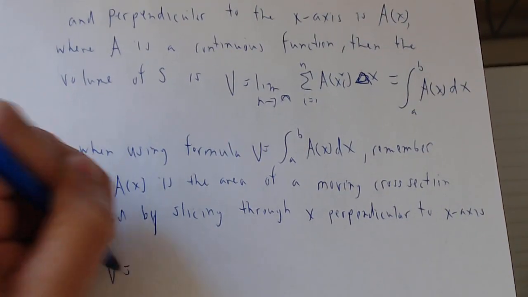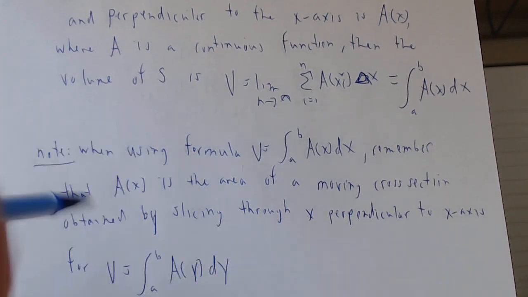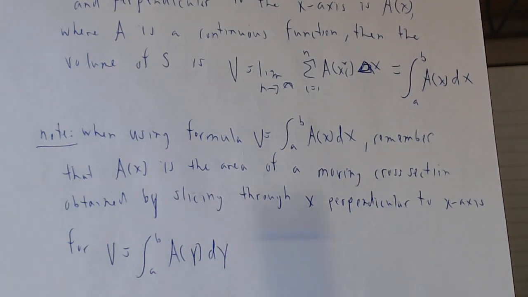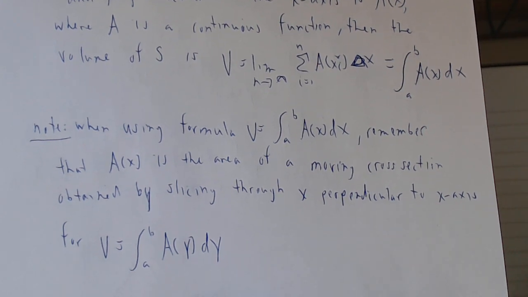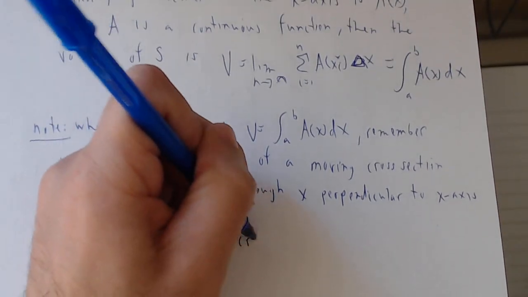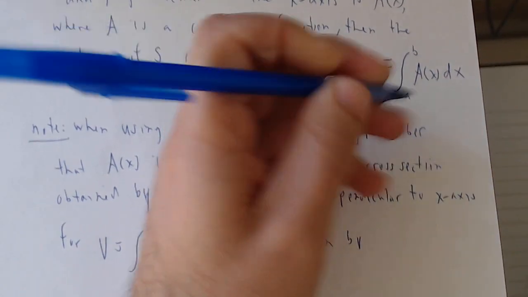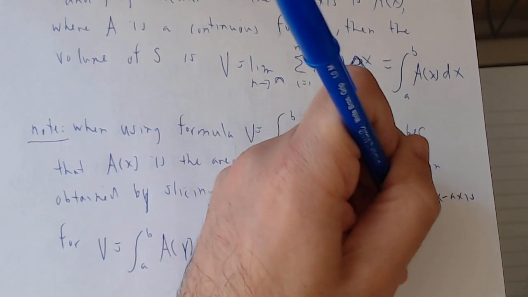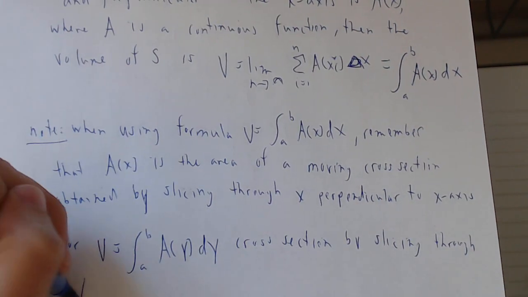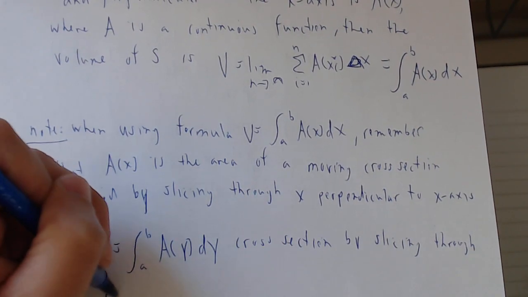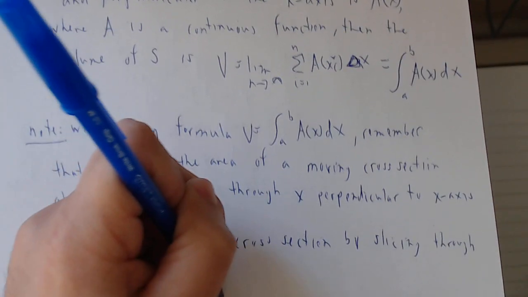For the volume equals the integral from a to b of A(y) dy, that means my cross sections are horizontal. I'm going perpendicular to the y-axis. So this is basically cross sections by slicing through y perpendicular to the y-axis.